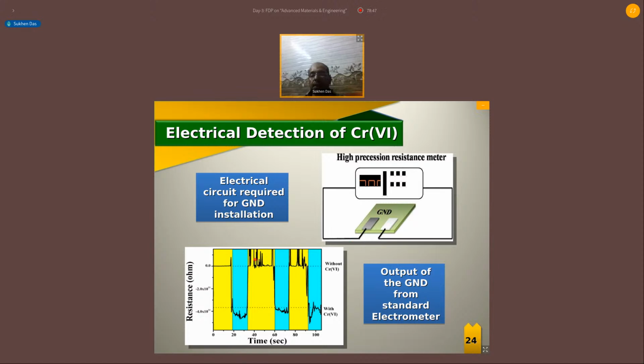But whenever we dip this in the chromium containing water, the resistance will decrease. So in this way, if we make a calibration curve, then we can easily find out the percentage of the chromium also. And this resistance meter is not very costly or big. So with the help of this, we can easily identify the chromium percentage anywhere.